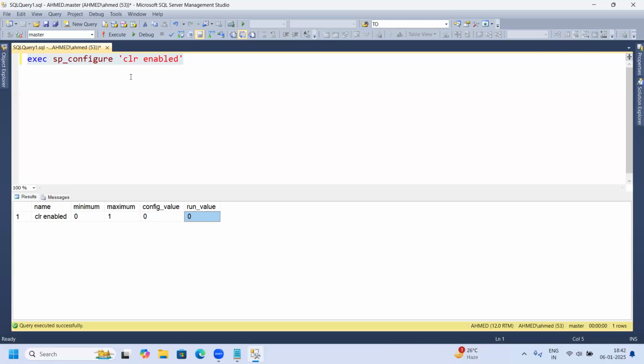When another person is in need, that person will do the same. Because if you make it enabled permanently, it doesn't make sense. Everyone is not aware of CLR. I'm saying very clearly, only people who are aware of .NET can manage and understand it.